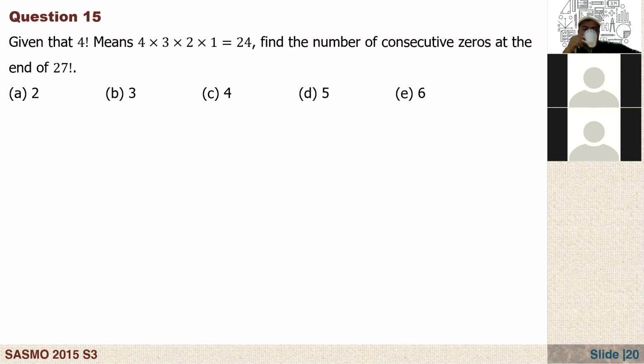At the end of 27 factorial. If you multiply this out, how many zeros will there be at the end of this number? The consecutive zeros.